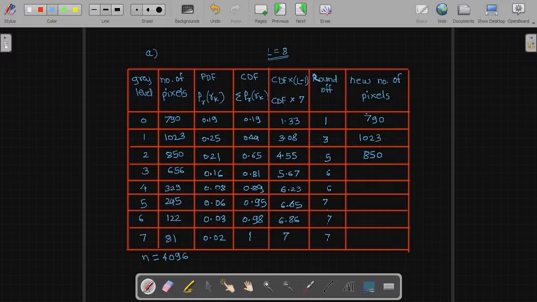For gray level 6 we add 656 and 329, so we have 985 pixels. For gray level 7 we add 245, 122 and 81, and we get 448 pixels. So this is the histogram equalization for image A.